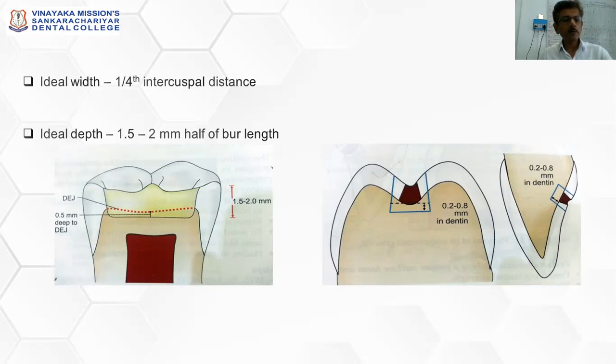So when you make the cavity and later condense the filling material into the preparation using your condenser, the dentin will spring down, and when you remove the condenser, it will get back to its original position, thereby interlocking the restorative material and the dentin.